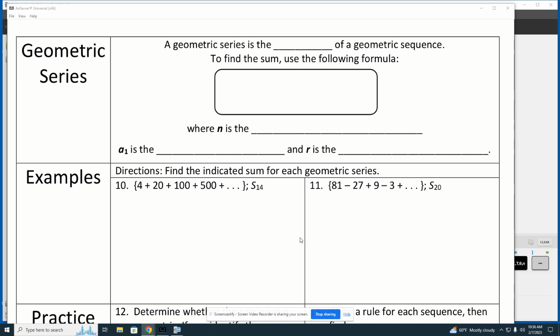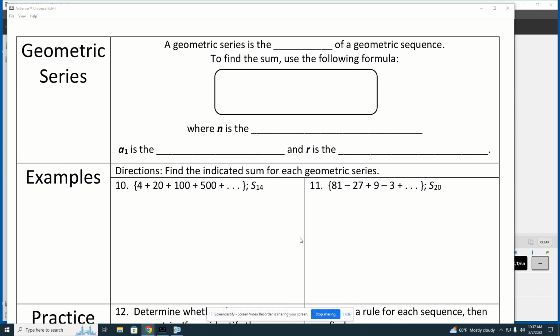We did what? Yeah, we used the arithmetic sequence formula, but what did we do to find the series instead of learning a new equation? We used that big E, right? Summation. We're going to do the same thing with these problems.